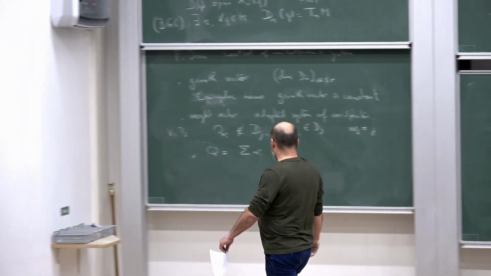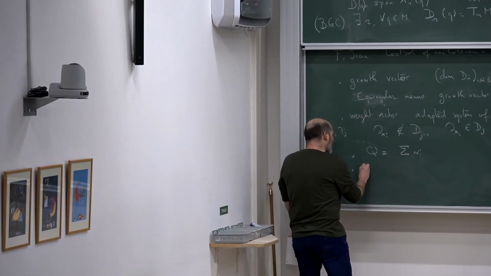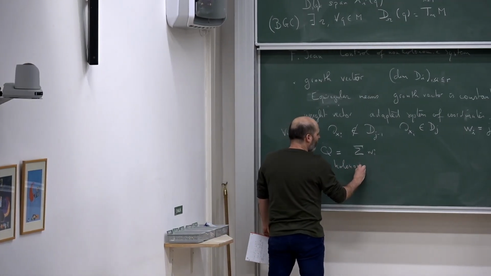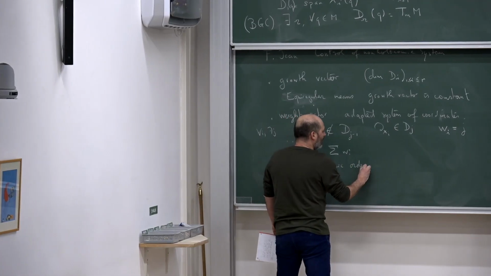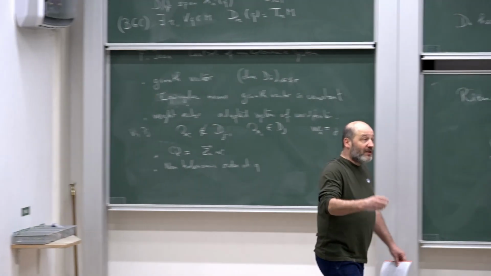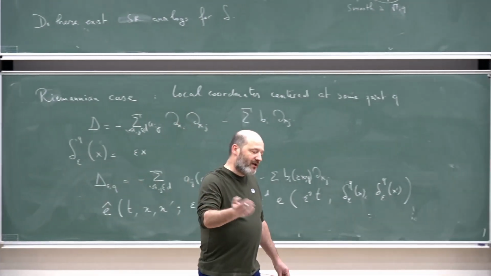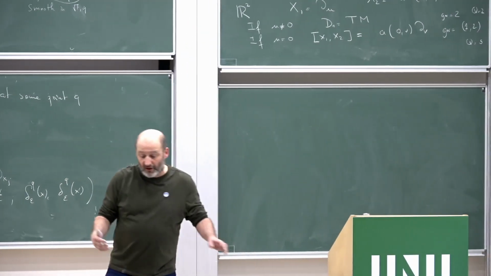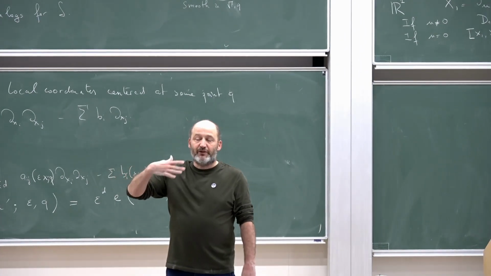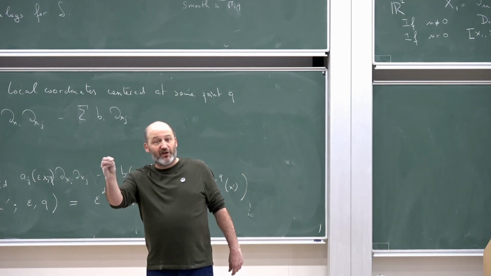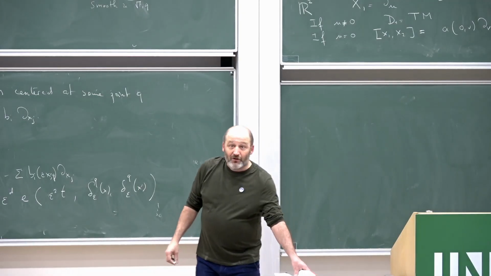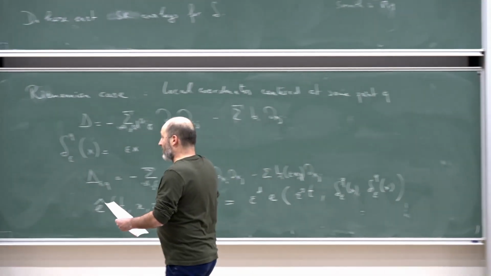So now you have your adapted system of coordinates, and you want to define the notion of non-holonomic order at q. You take a function, you differentiate. What is the order of a function at a point? The order in the sense of order of vanishing. You take a point, you differentiate with respect to the variables, and you look at the first time you get a coefficient in the Taylor expansion that does not vanish. You do the same here, but you're not allowed to differentiate in all directions.